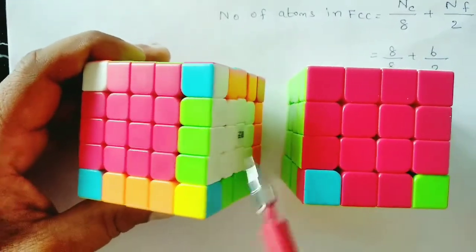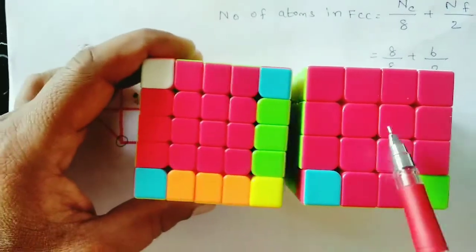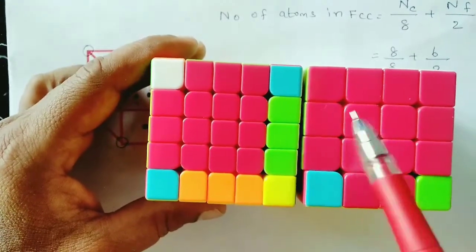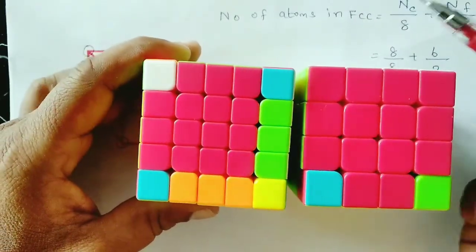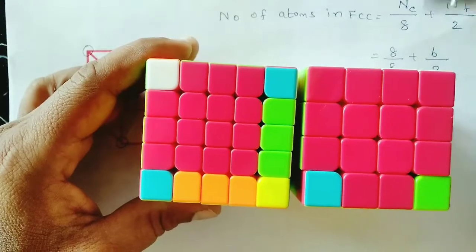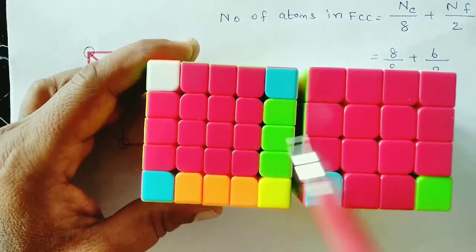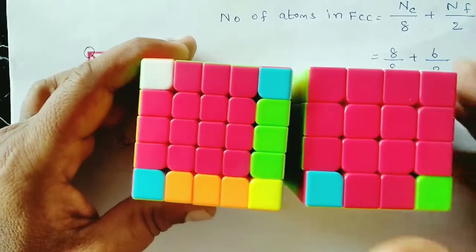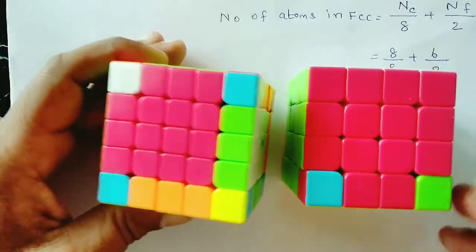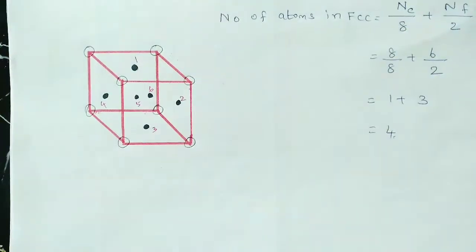This face centered atom does not touch any other unit cells. Only this unit cell's face and that unit cell's face touch the face centered atom. So each face centered atom is shared by 2 unit cells.